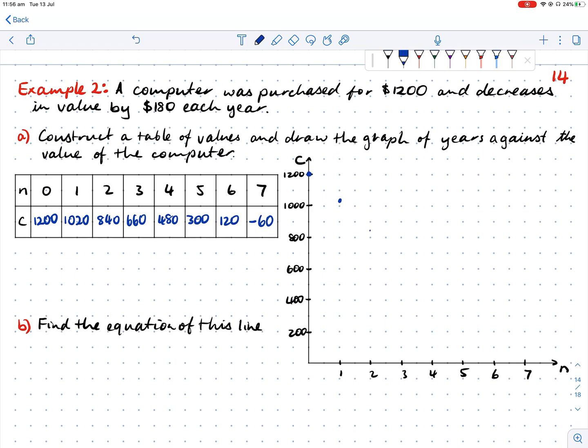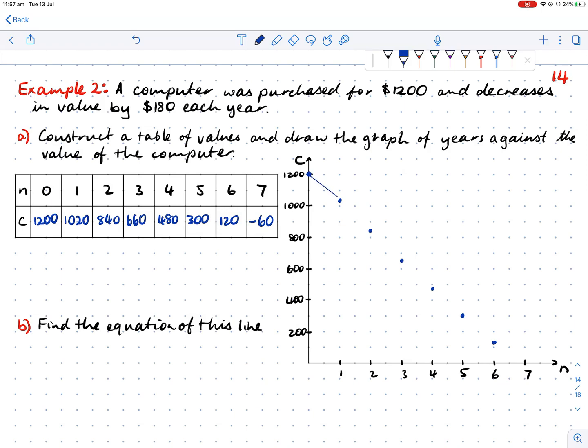Then we've got 840, 660, 480, 300, 120, and then at 7 it's going to be a negative value.